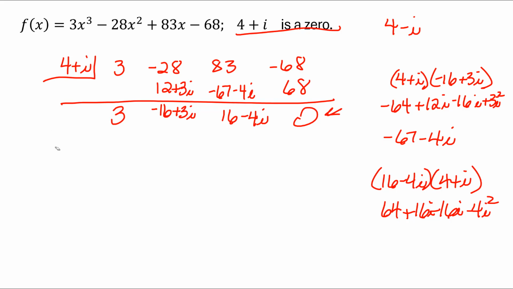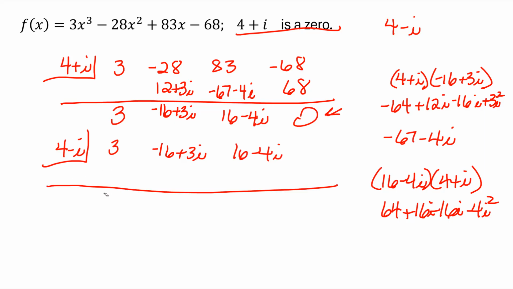All right, so I know that 4 minus i is also a root. So I'm going to use the coefficients I got after dividing by 4 plus i. I don't need to go back to the original equation. I want to use these coefficients because it's going to be easier. Bring down your 3. So 12 minus 3i. So that is going to be negative 4.